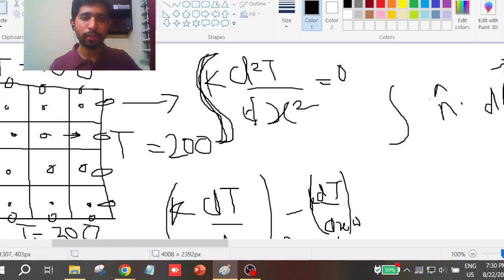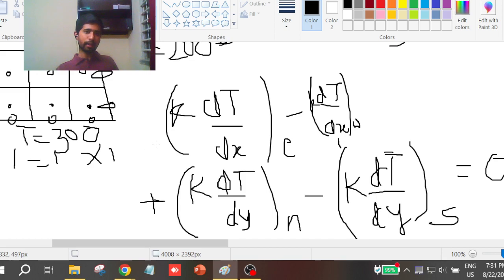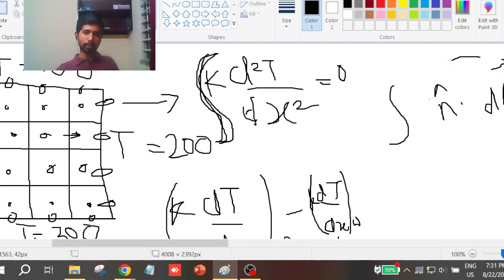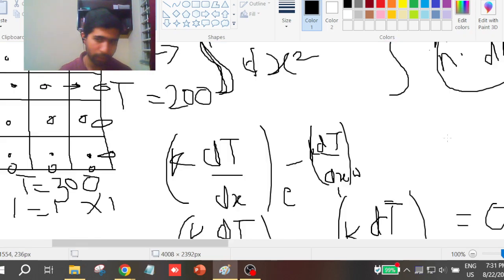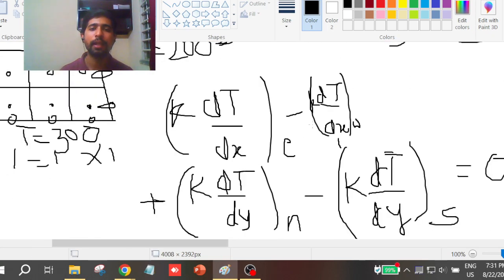That is why dt by dx will come. For the north face, it will be i cap dot j cap, because the normal is in the y direction, so i cap dot j cap becomes 0. That is why I said it is a dot product of two vectors, n cap dot dA, when you do the integral. So you will not come up with dt by dx along the north face.